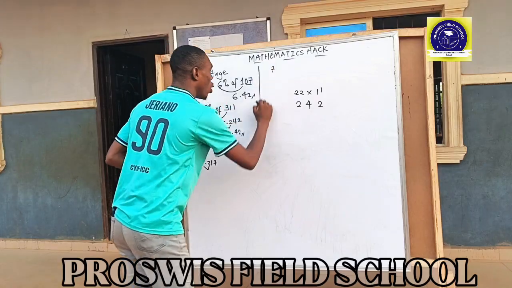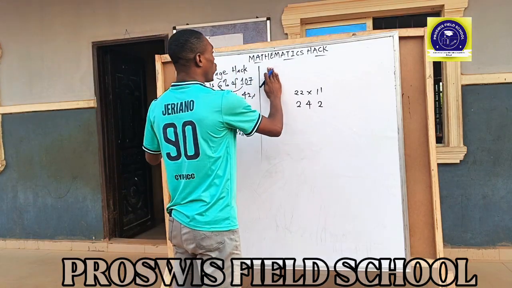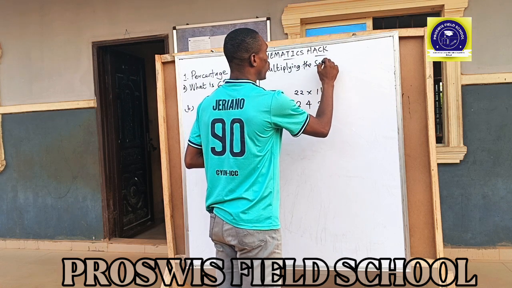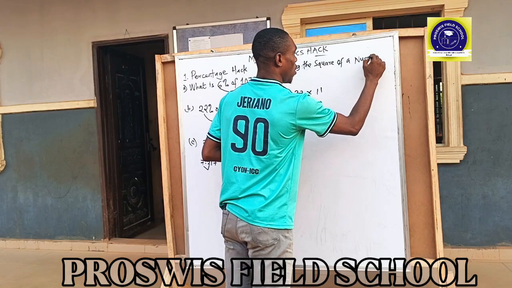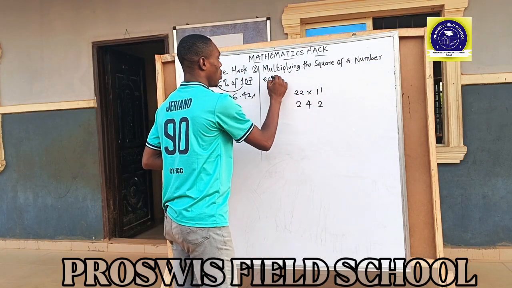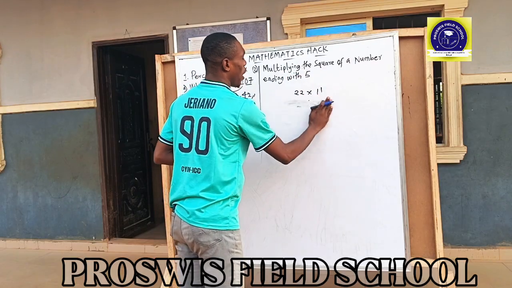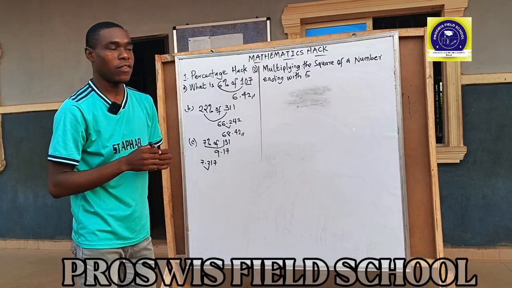Okay, now the second one, this is for percentage arc. Want to go over to multiplying the square of a number ending with 5. Multiplying a square of a number ending with 5.